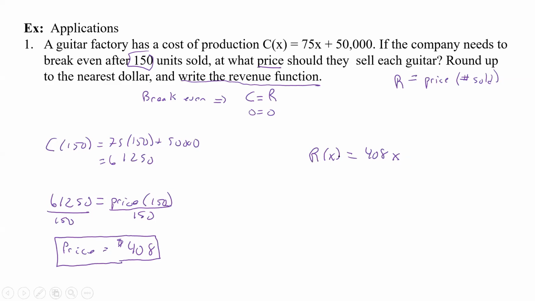Okay, so the break-even point we found was it's going to equal 61,250 at 150. But what if we sold 200? Then you'd find your revenue from there. And so we have our price and we have our revenue function written out, and that's what they're asking for on this problem.